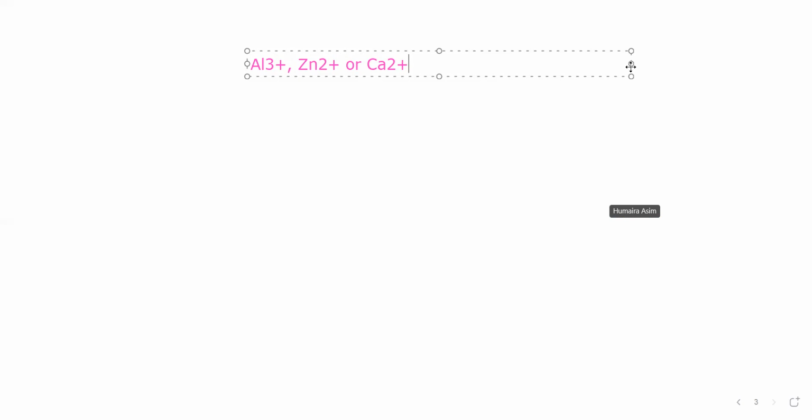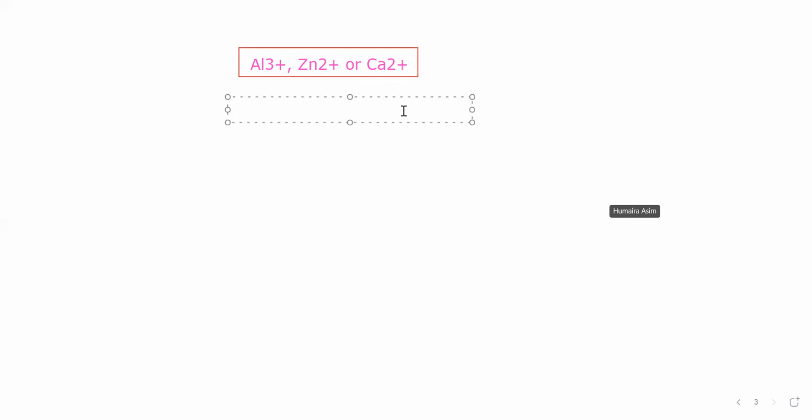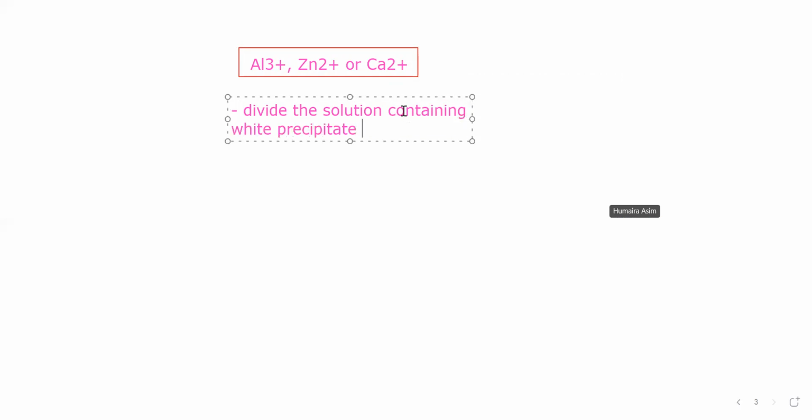Since I already have the white precipitate that I have received, what I am going to do is divide the solution containing the white precipitate into two equal volumes.